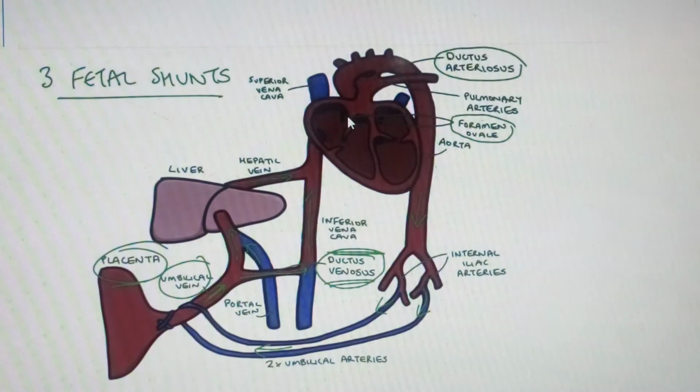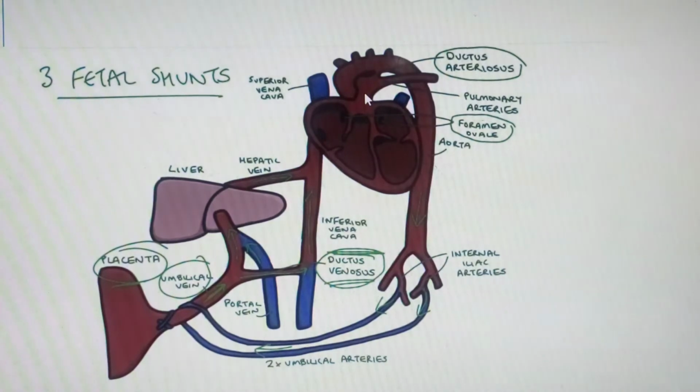That foramen ovale is connecting the right and left atria, so that oxygen rich blood from the right atrium will get into the left atrium, bypassing the right ventricle, and therefore the pulmonary trunk and the lungs.